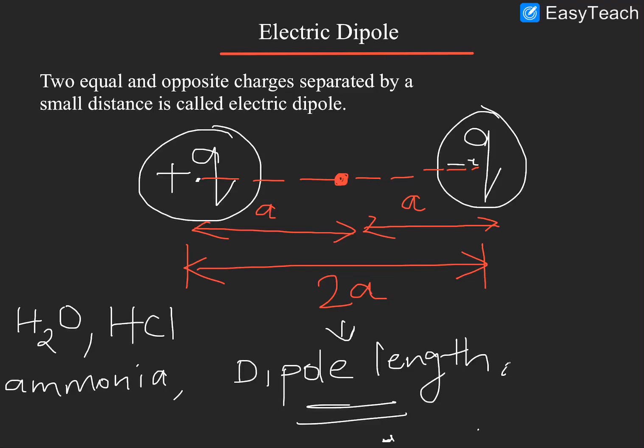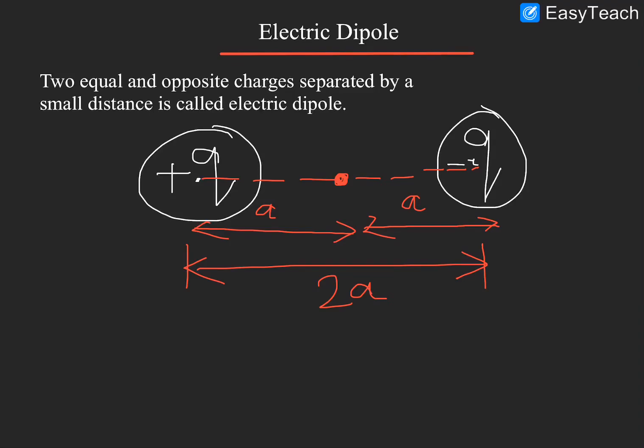Now in this case, let us define two more terms for a dipole. First one is axial line. In the case of a dipole, we can define the term axial line.